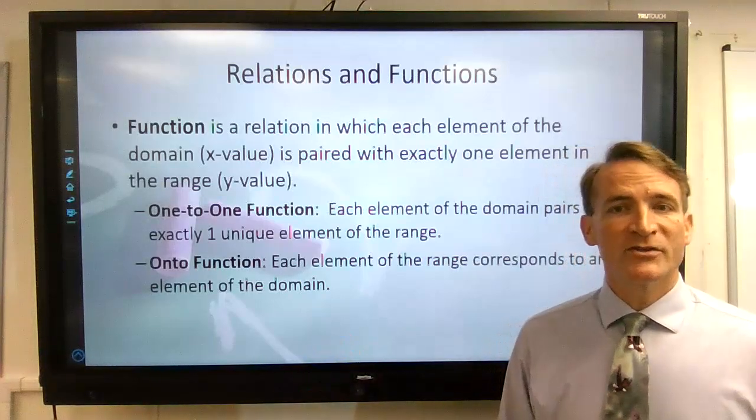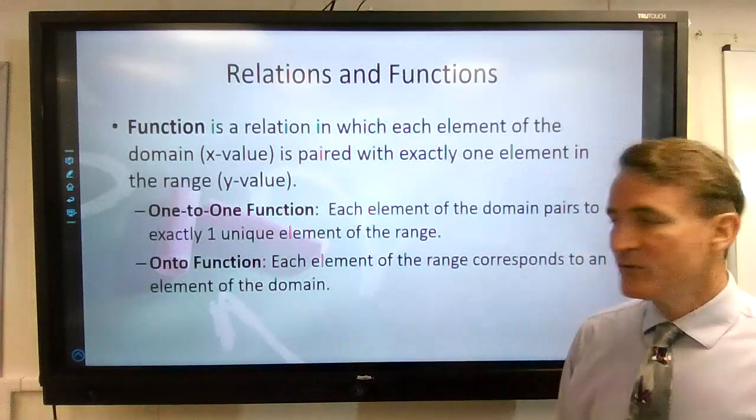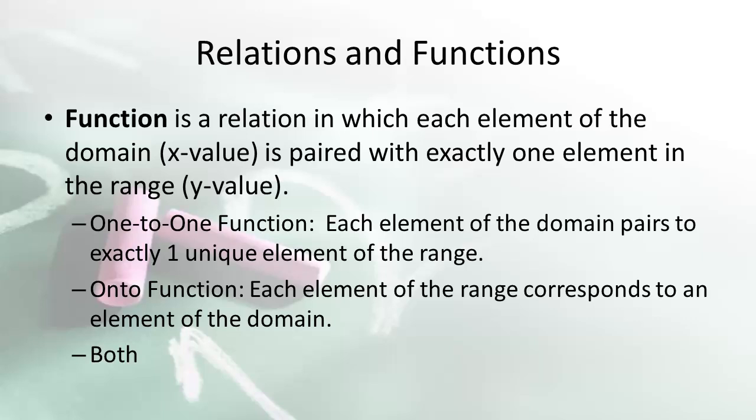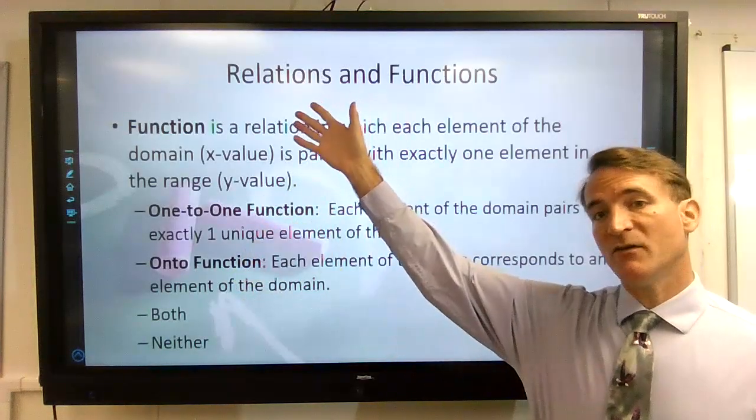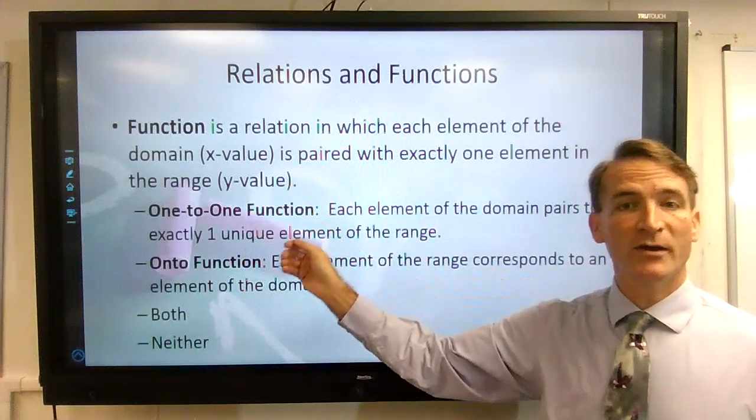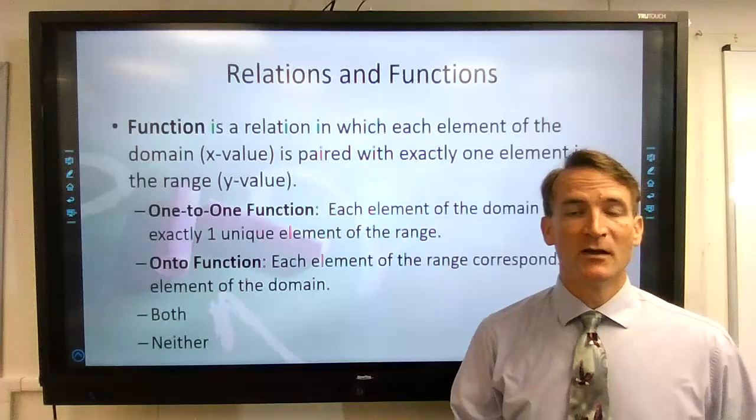And then two other types, very easy. They could either be both a one-to-one function and an onto function, or they could be neither. So you could have a function that's not one-to-one, a function that's not onto, or a function that's neither one. At the same time, you can have a function that is both one-to-one and onto.